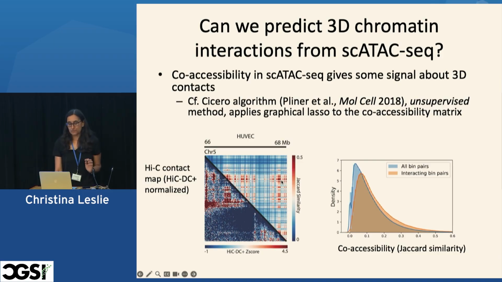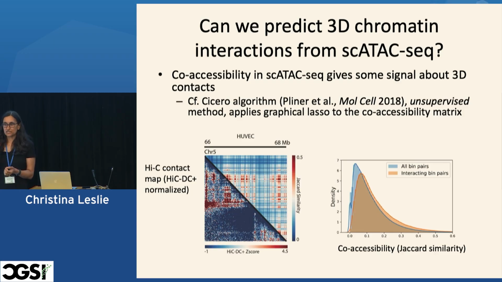So I'm showing you in the same cell type, the co-accessibility matrix from single-cell ATAC at the top, and this is the Hi-C contact map processed by our method at the bottom. And you can see there's a signal, right? Maybe this kind of co-accessibility you can sort of see here. There's a signal, but it's actually a pretty weak signal, all right?